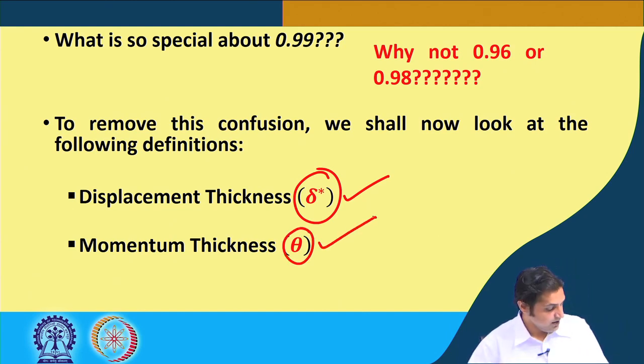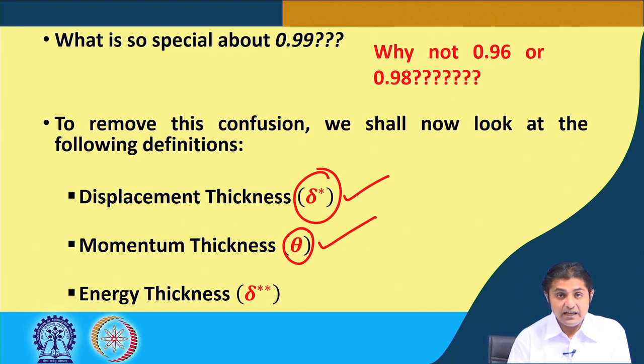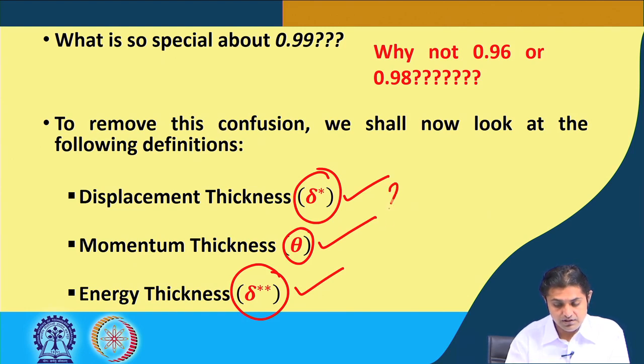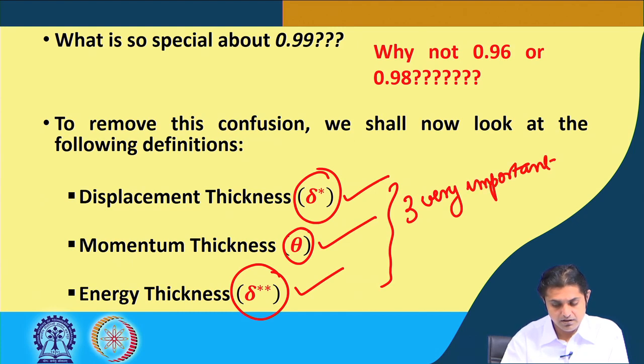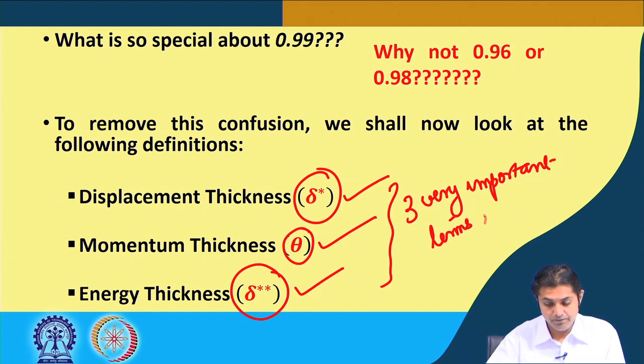And then there is something called energy thickness, which is given by delta double star. So, these three are used in boundary layer analysis.